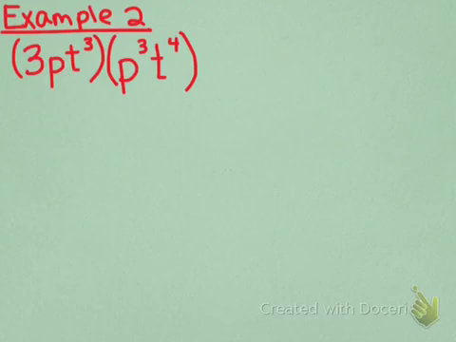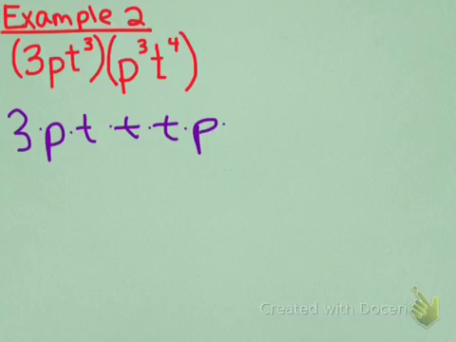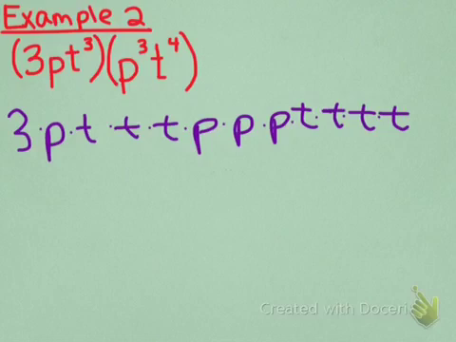Let's try another example. 3p t to the 3rd power times p to the 3rd power t to the 4th power. Again, you could choose to write it all out, if you can't remember. There's only one coefficient, so it starts with a 3.